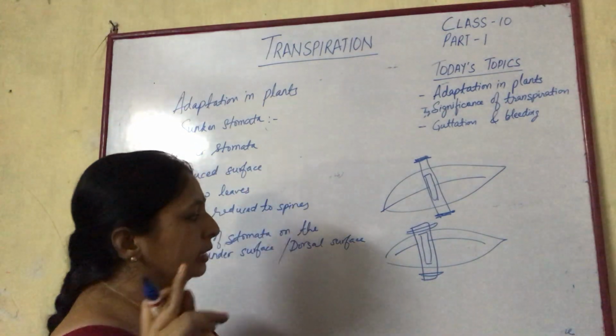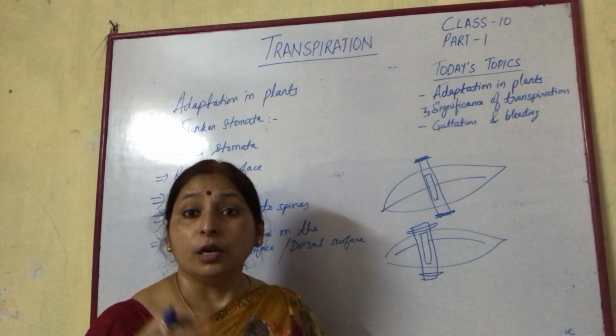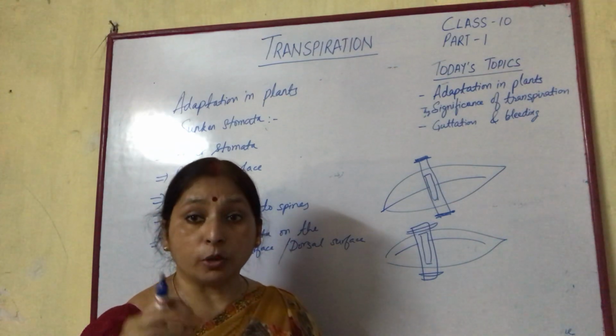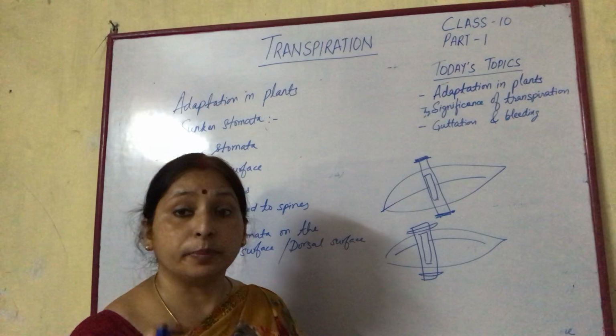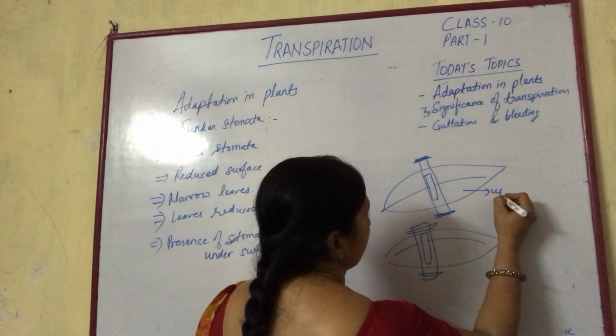Between the two slides, dry cobalt paper is placed. Cobalt paper is blue in color. When it comes in contact with moisture or water vapor, it turns pink. So this is on the upper surface.